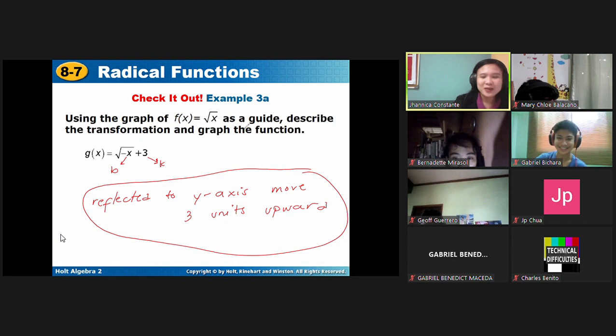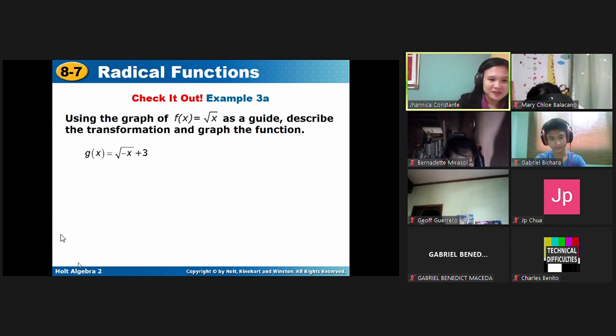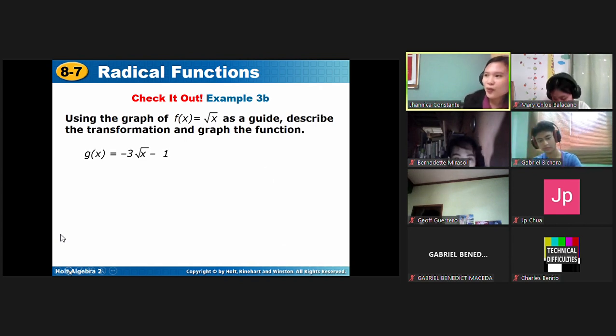Okay, so that's how we describe radical function. So for example, we have this radical function, which is g of x equals negative 3 square root of x minus 1.